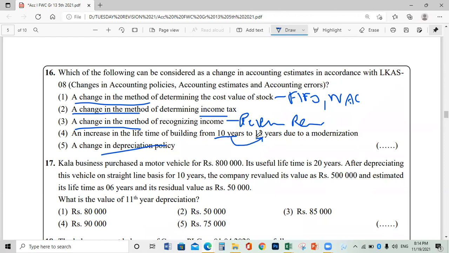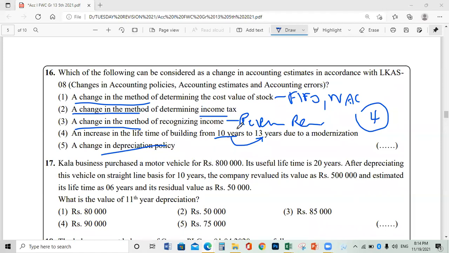So this is, guys, an estimation change. So the most suitable answer is the fourth one, because estimates are what you don't know. You're uncertain about the future. Those are estimates. Clear? So the answer is the fourth one.